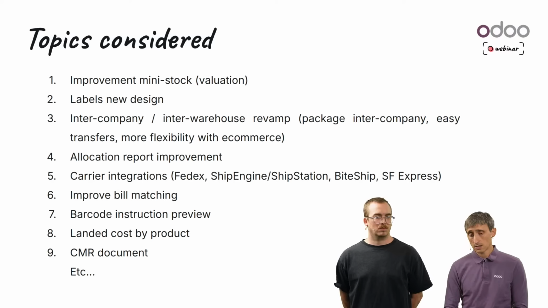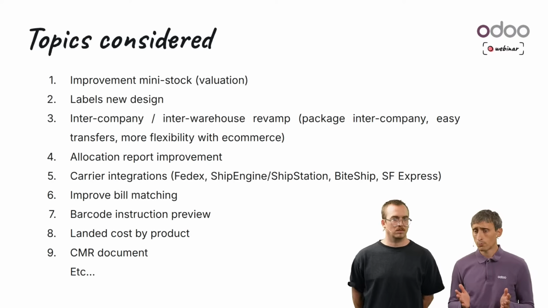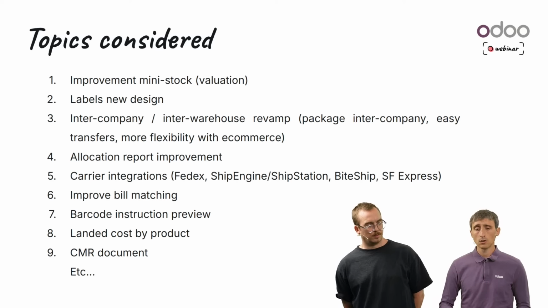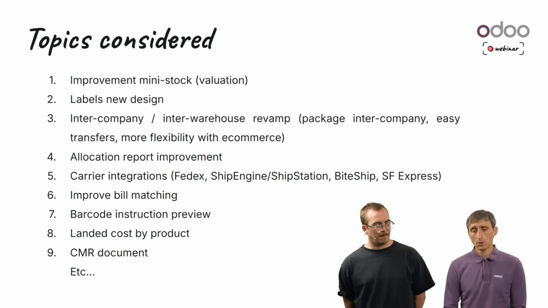Two nice things are that we can now do landed cost for some specific products. Before it was by transfer, for a receipt or for a manufacturing order. Now it will potentially be possible to make it product specific.